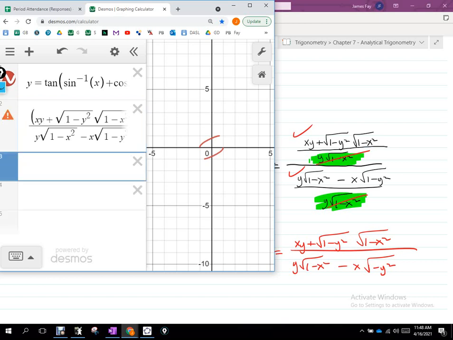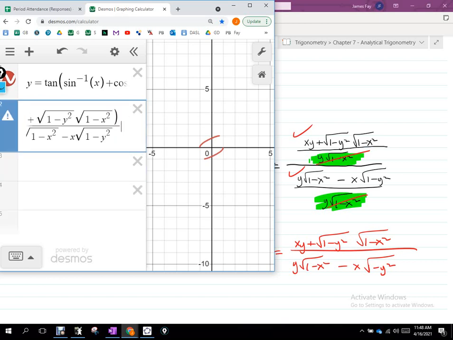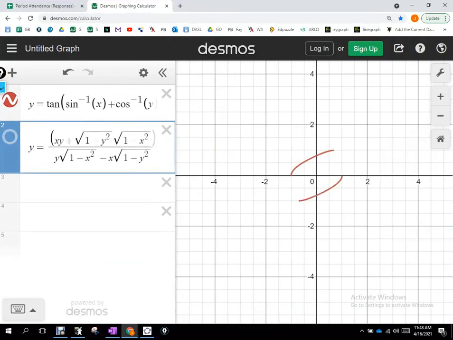Okay, now it's going to balk at that because we got x's and y's, and if that's the case, you've got an implicit equation, then you got to say, in this case, y equals, and what do we see? They're the same, right? Okay.